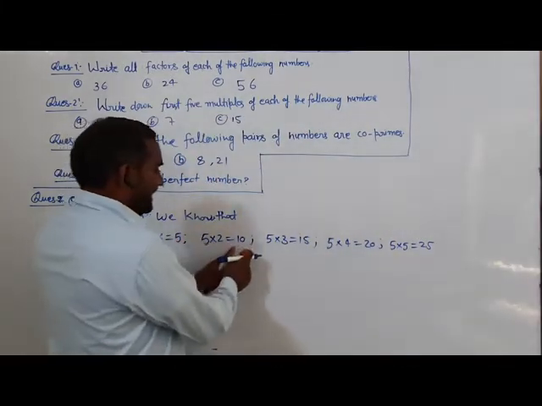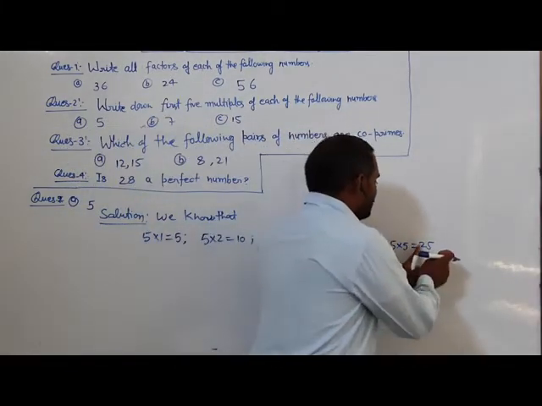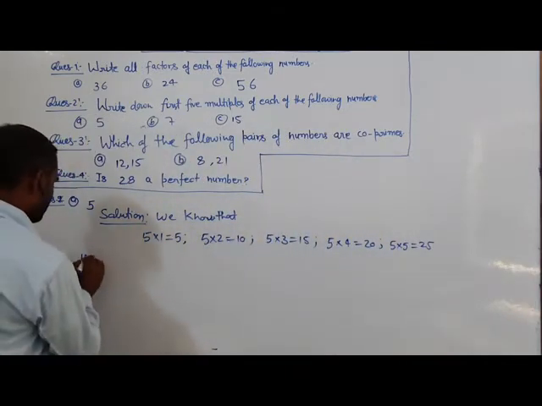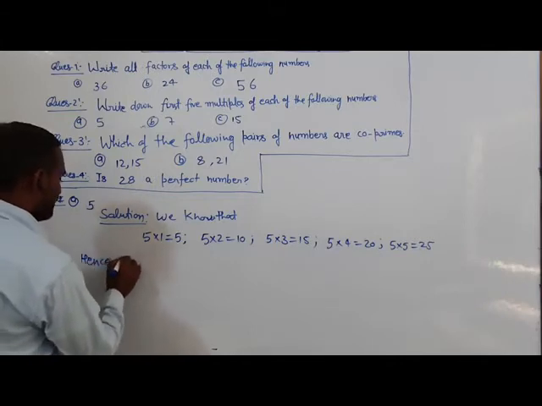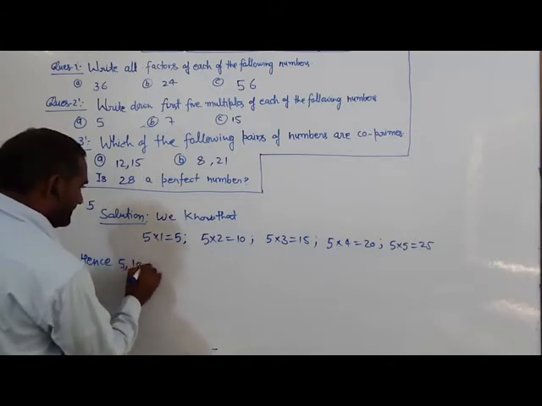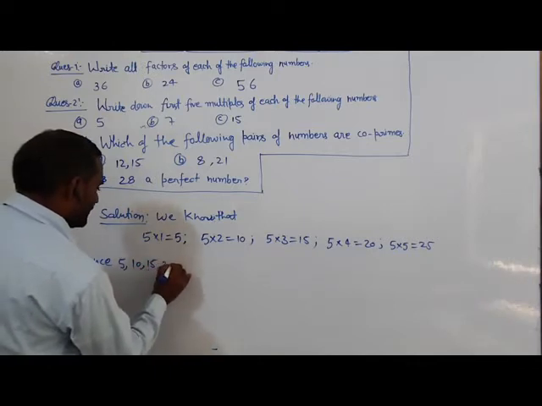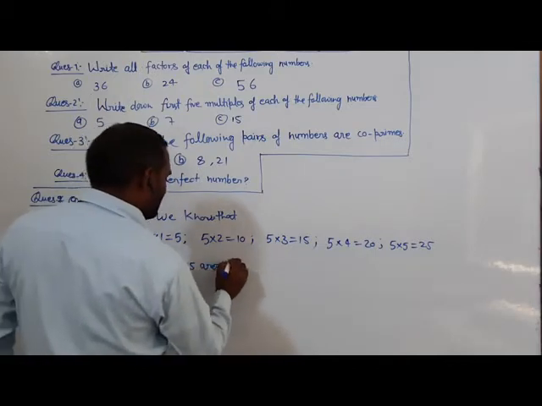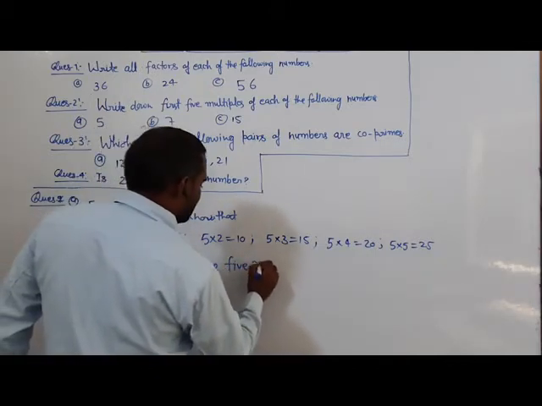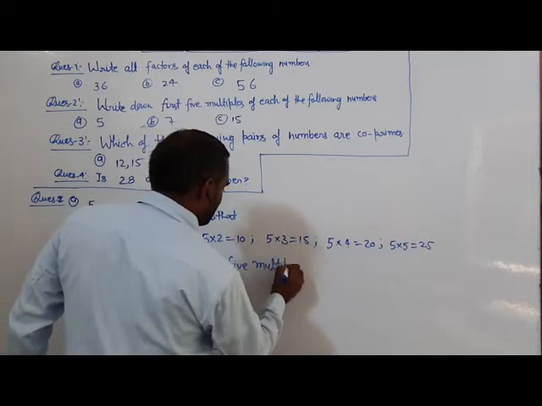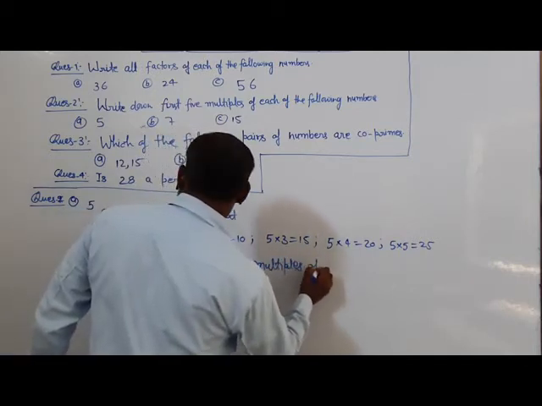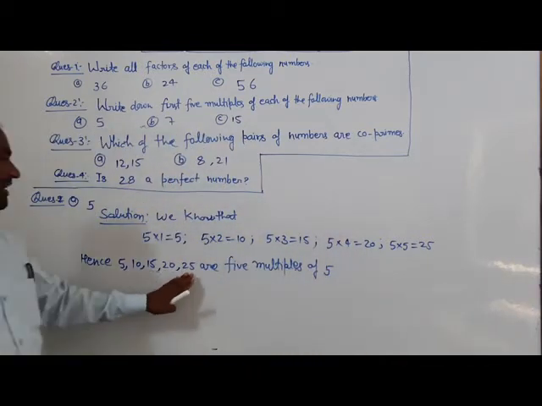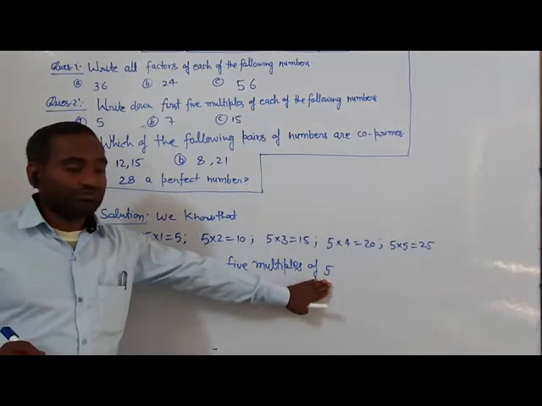So 5, 10, 15, 20 and 25 are the 5 multiples of 5.